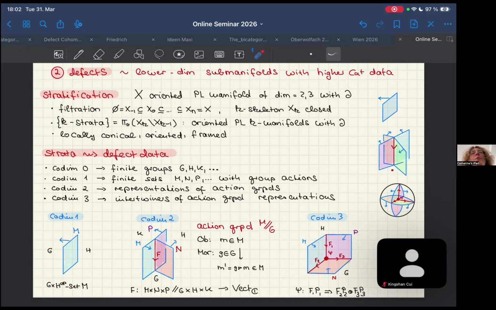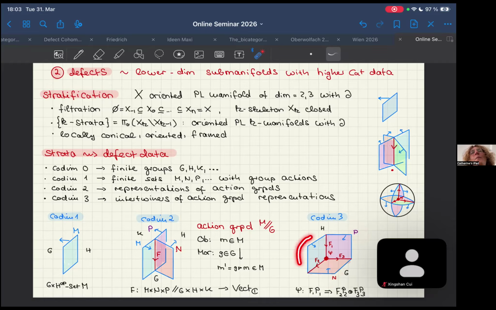So we do the same thing as we did here. We collect the data of all defect planes that are in a small neighborhood of the vertex, and we collect the data of all the three-dimensional regions that are also in a small neighborhood of this vertex. And we may have certain defect planes that are not incident to some of the edges. For example, here F1 has only P and M, but there's also N.